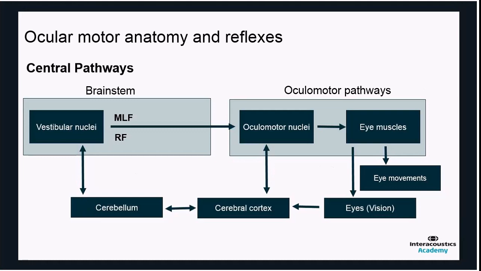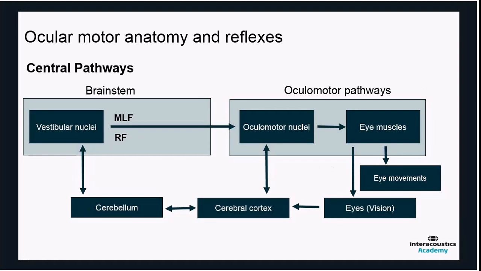So if we start with the oculomotor anatomy and reflexes, these are a combination of pathways that incorporate both the brainstem and central nervous system to initiate, carry out, and facilitate appropriate eye movements depending on the task that we're trying to undertake. As part of this presentation, we'll look at various elements of this pathway in relation to some of the oculomotor examinations that we undertake.